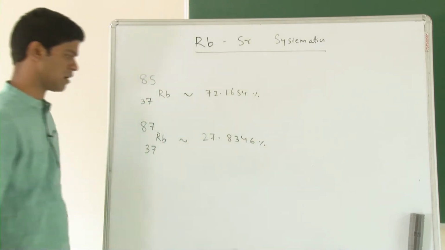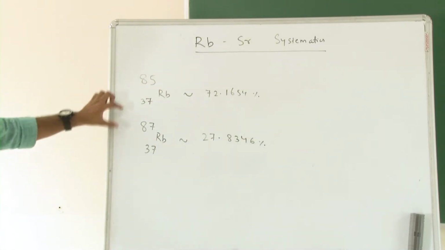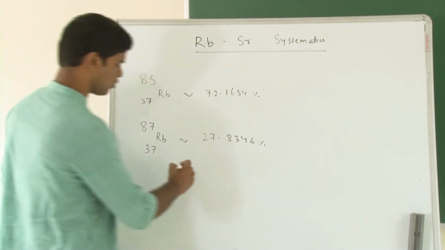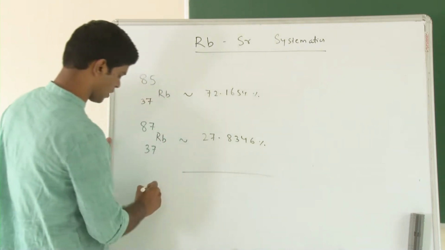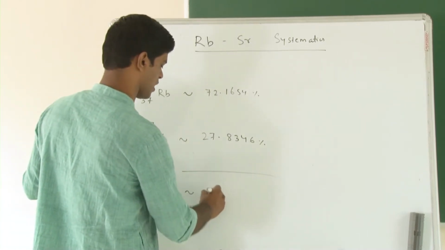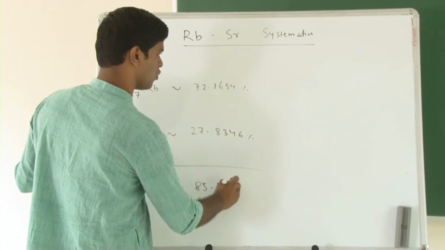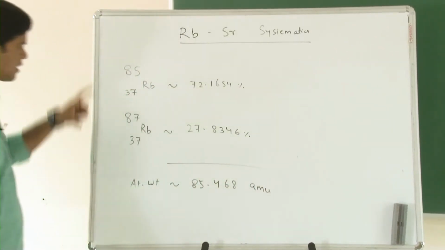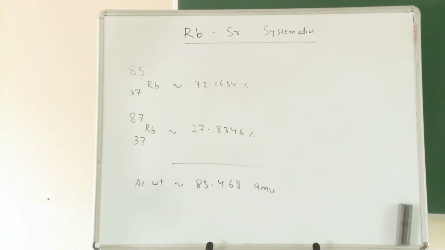So, 85 basically is the dominating one, and if you translate this into the atomic weight, this corresponds to 85.468 AMU. Okay.